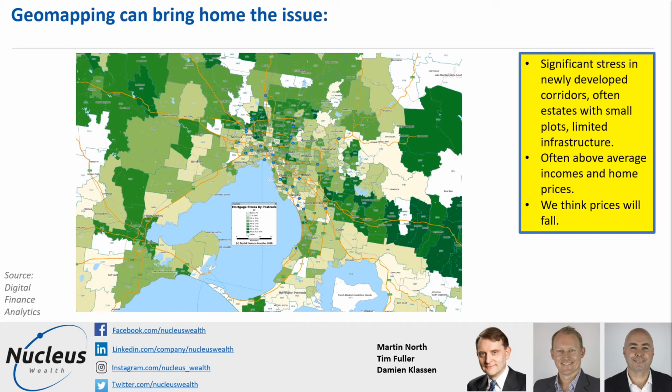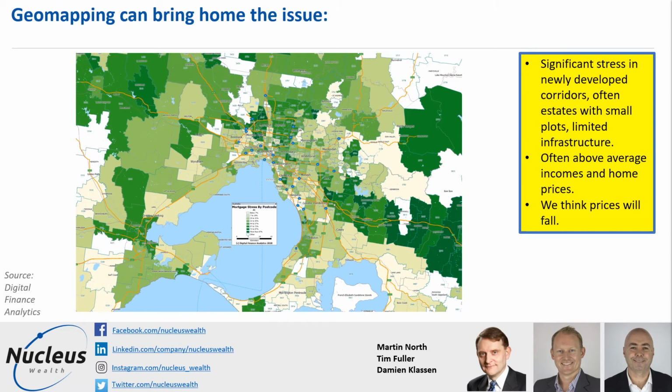And secondly, if there's no jobs, why do you stay in a foreign country? I think you go home to mum and dad, or you retrench. Yep. So I do wonder about those fringe developments, how much pressure they're going to see.